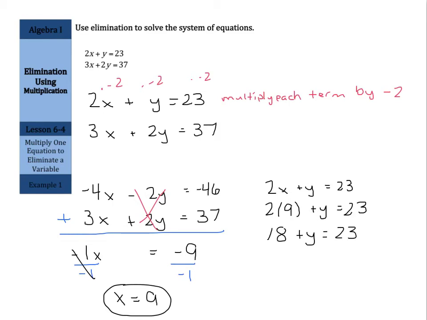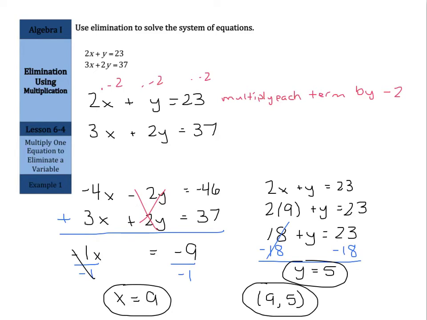Then subtract the 18 from both sides. We get cancellation, and y equals 5. And the last part here is to write this as an ordered pair. x goes first, so (9, 5). And there is now my final answer.